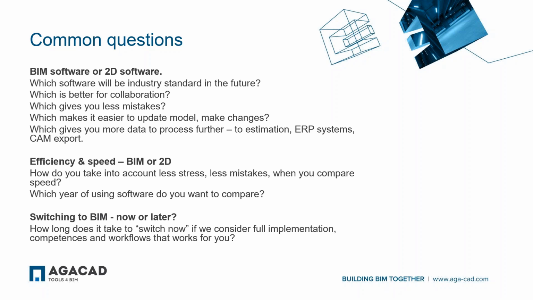You use AutoCAD probably for 10 years now, and if you try to compare whether it will be the same speed in the first year in Revit, probably it will not. But after a few years, I'm pretty sure you'll have different kinds of advantages, and then the speed will be very good.